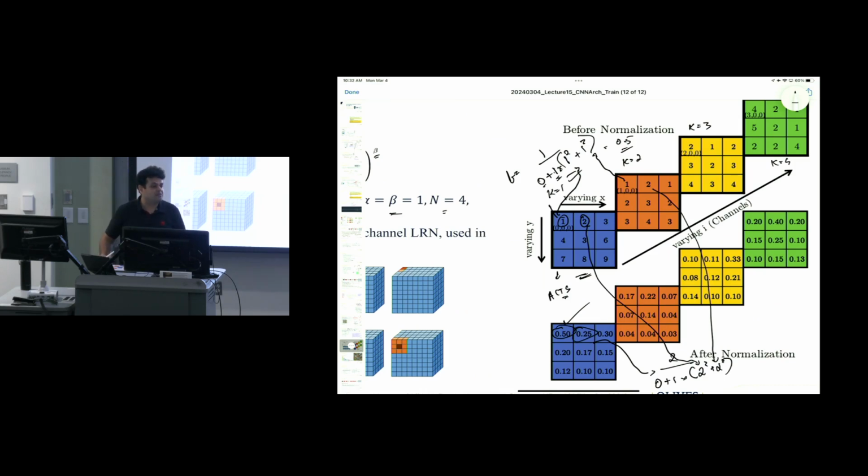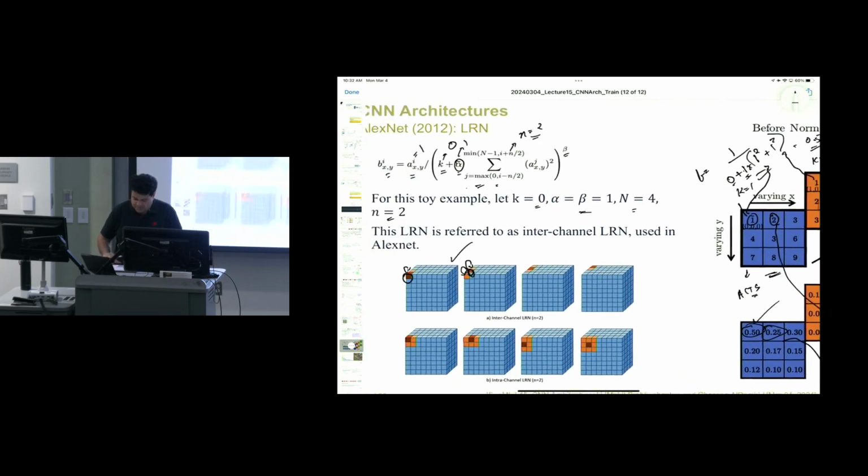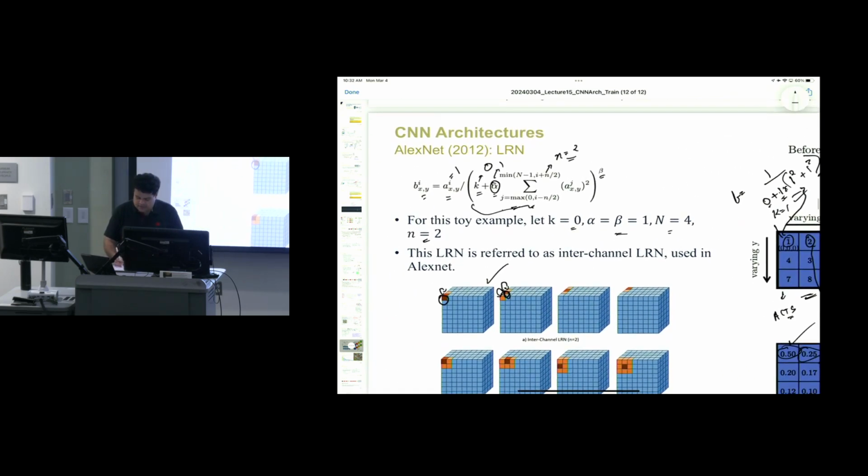Yes? Where does the plus 1 come from on the bottom of the fraction? This one here. So this entire denominator is 0 plus 1 into 1, because I've taken alpha equals beta equals 1. So 1 multiplied by the summation, basically a_j x,y whole square.